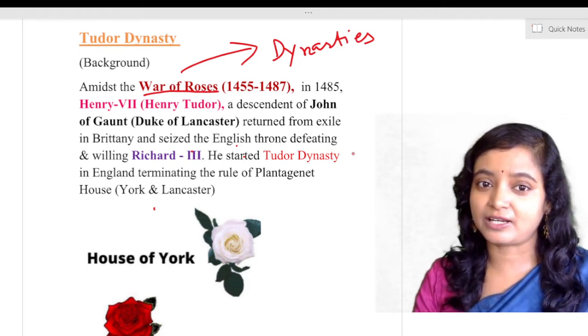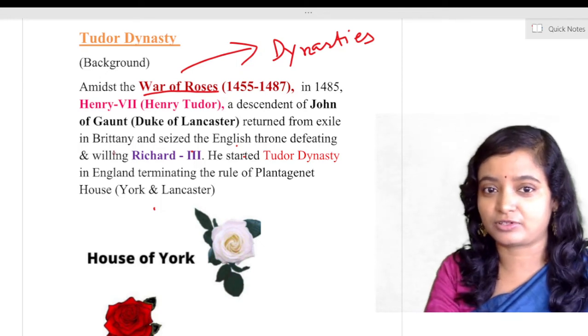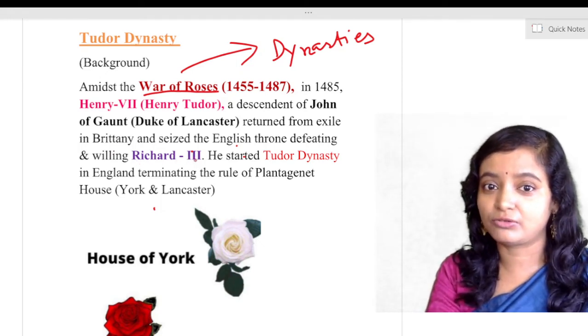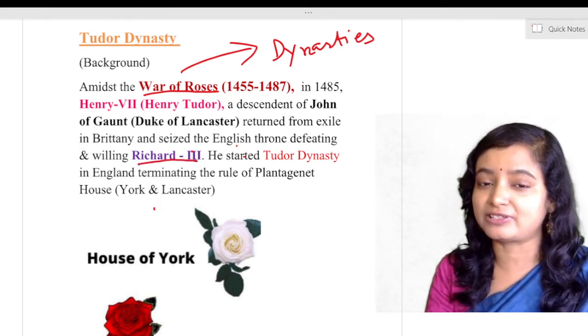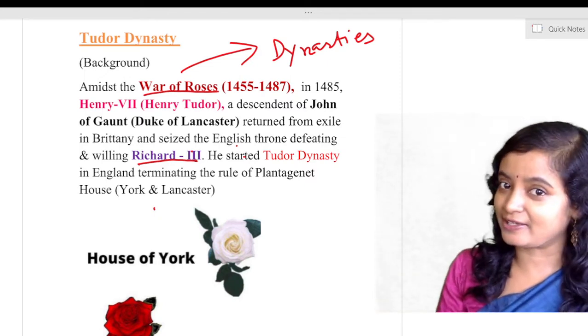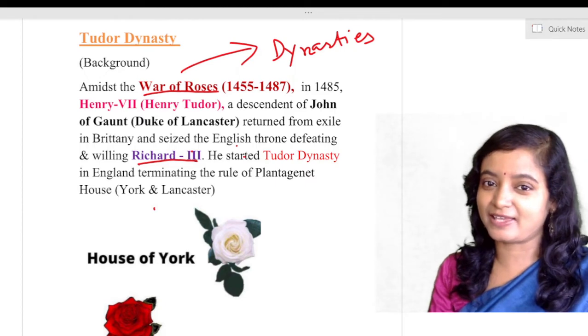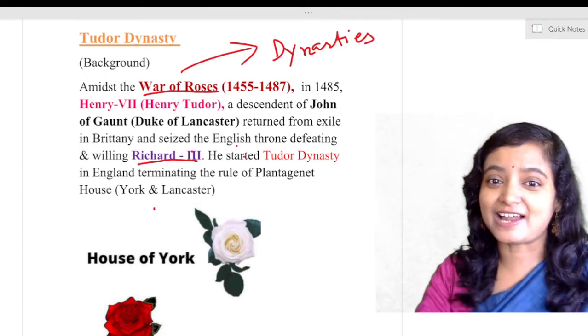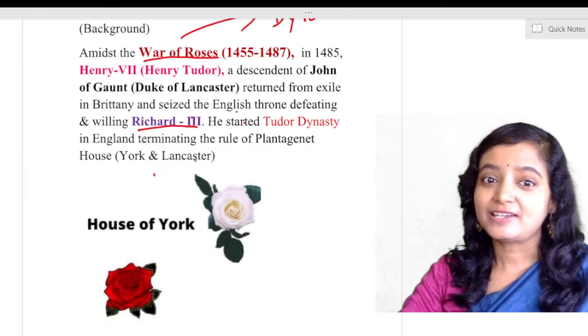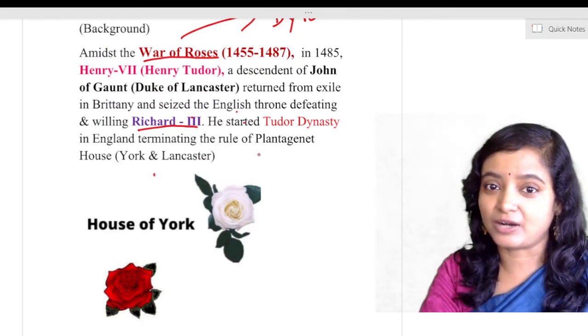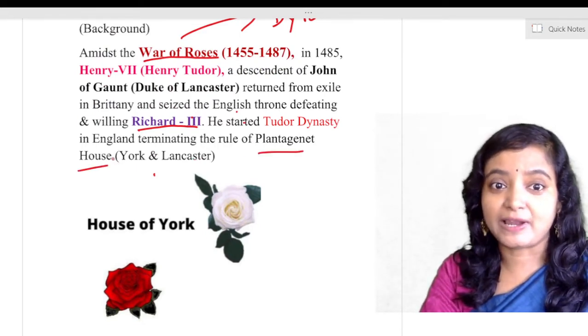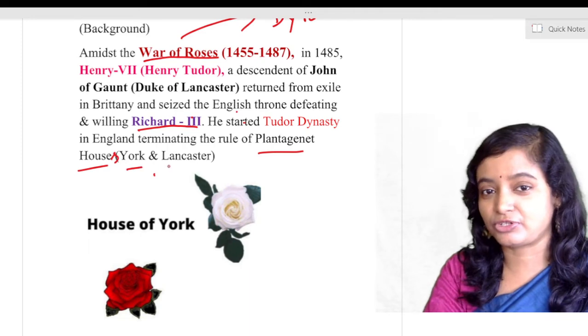At the time of Richard III of York, who was on the English throne, Henry VII or Henry Tudor came back from exile just like a hero, and he started the Tudor Dynasty in England, terminating the rule of the Plantagenet houses, both York and Lancaster.